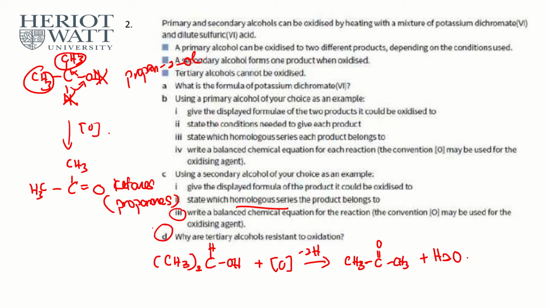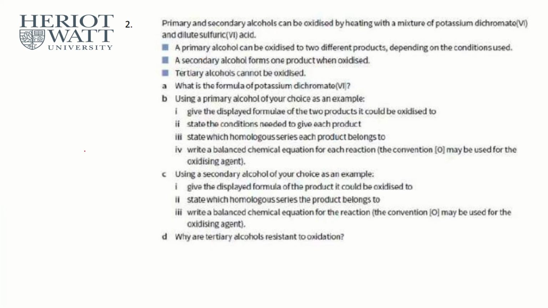And the last part will be why a tertiary alcohol is resistant to oxidation. I guess I explained that in class. Because we know that in the first stage of oxidation of an alcohol, we always remove two hydrogens. Looking at the structure of a tertiary alcohol, a tertiary alcohol is attached to 3 R groups.